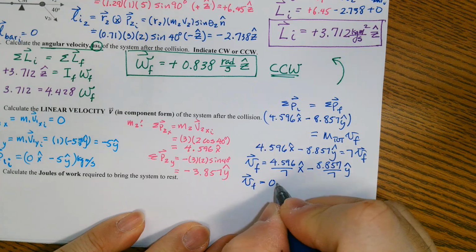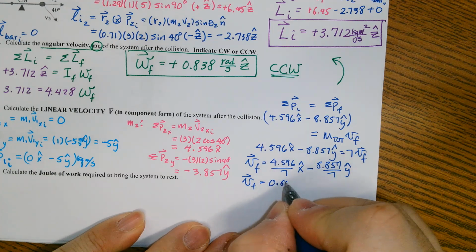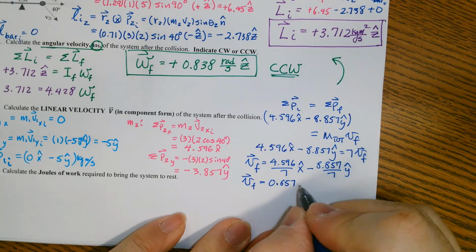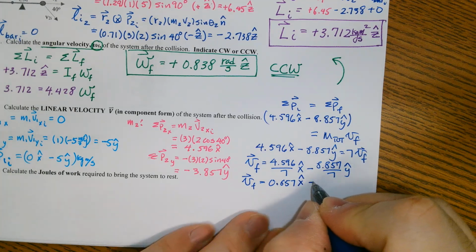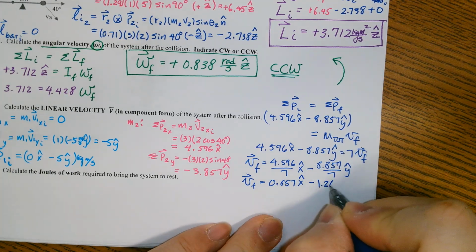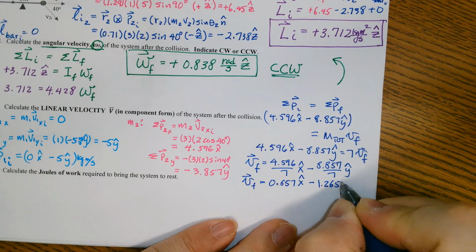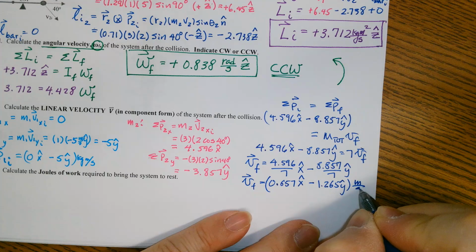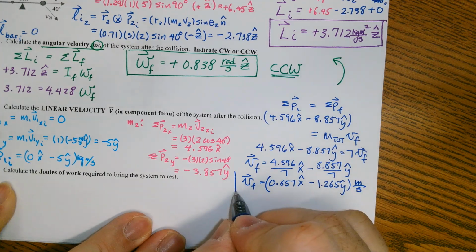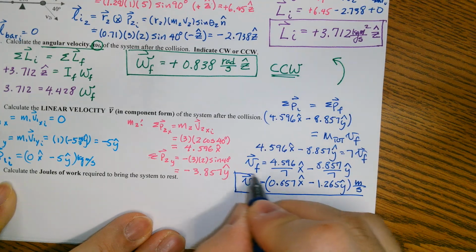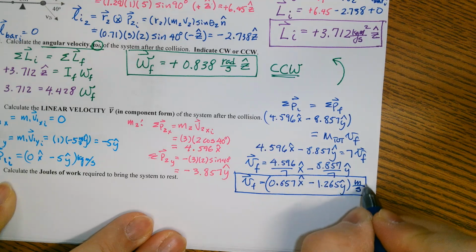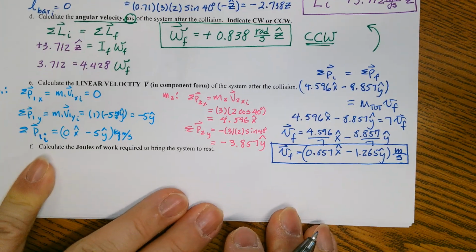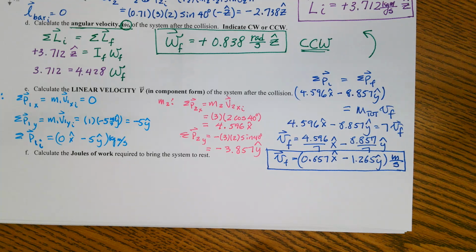You should get positive 0.657 x hat minus 1.265 y hat meters per second as your total translational velocity of the system after the collision.